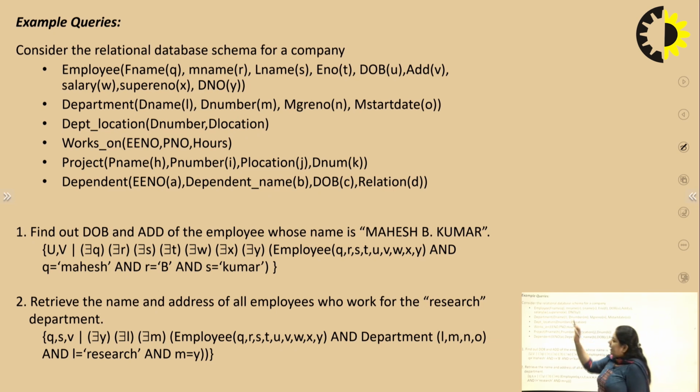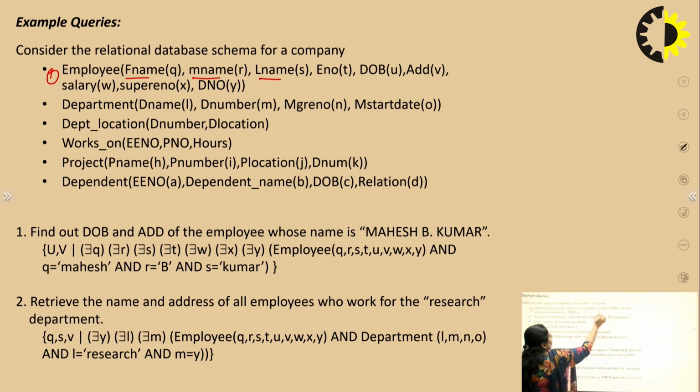So here we have an example. Consider the relational database schema of a company. We have different tables here. First table is employee, with first name, middle name, last name, employee number, date of birth, address, salary, super employee number, and the department number to which that employee belongs.